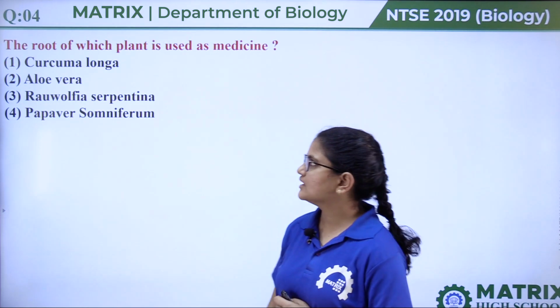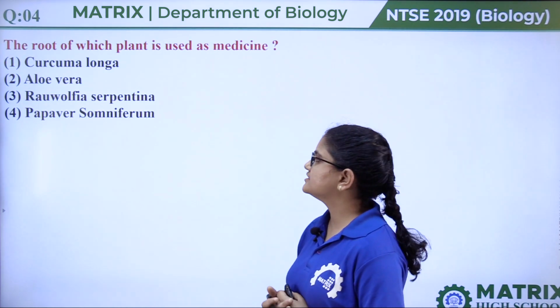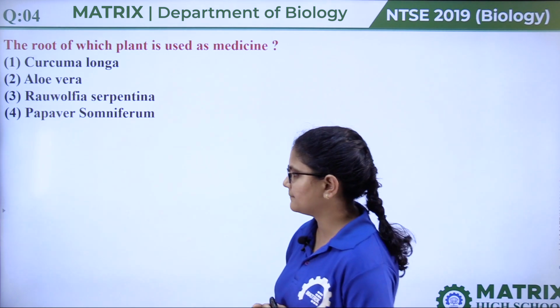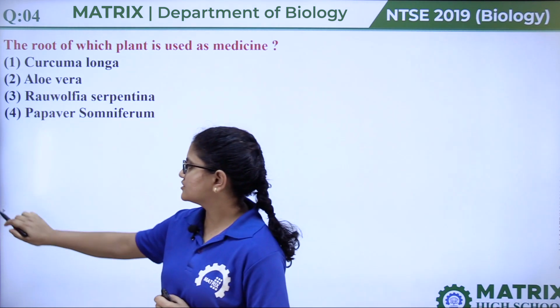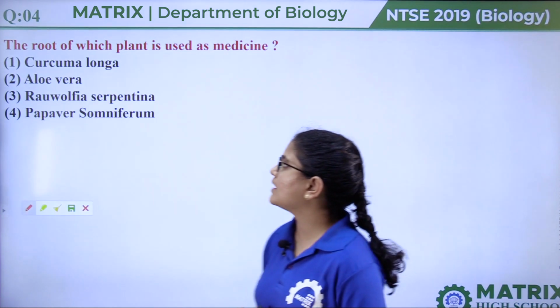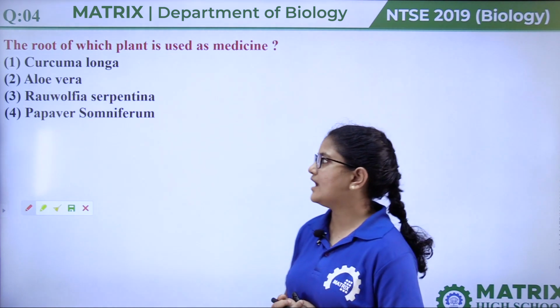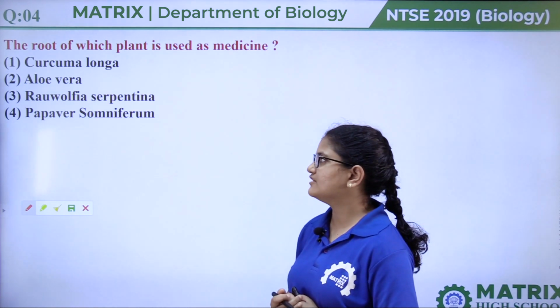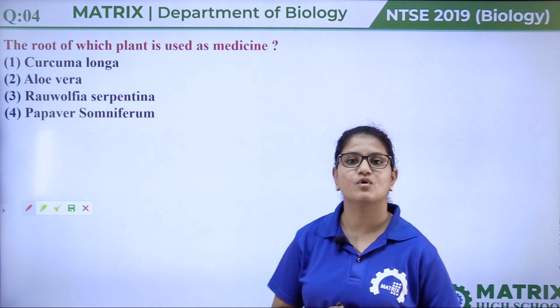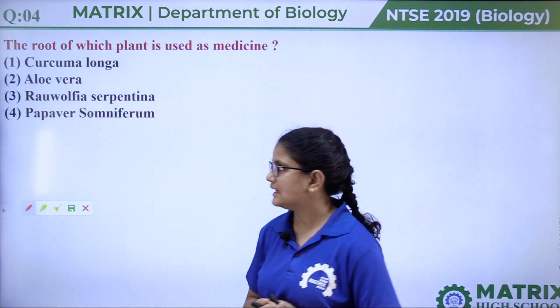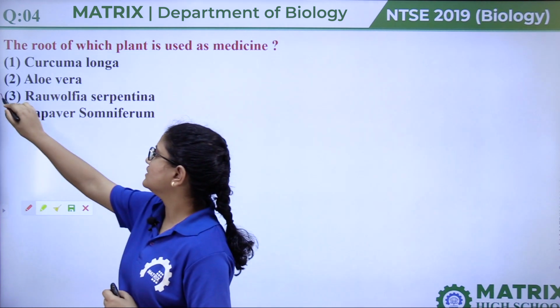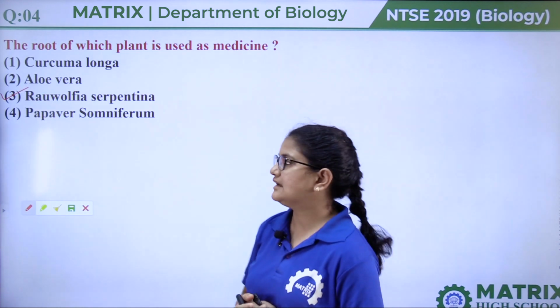Question number 4, the root of which plant is used as medicine? Option 1 Curcuma longa, option 2 Aloe vera, option 3 Rauwolfia serpentina and option 4 Papaver somniferum. Its answer is option 3 Rauwolfia serpentina.